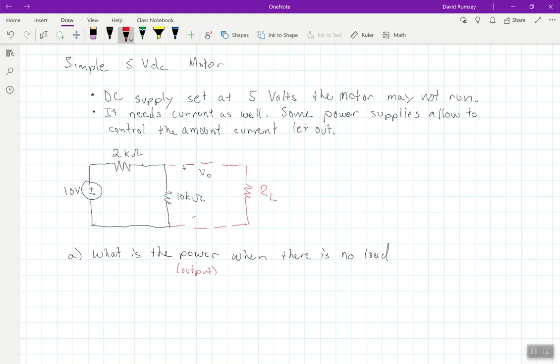Well, this is a very simple circuit to analyze. We're looking at just this 2 kilo ohm and 10 kilo ohm in series, so we could just do a simple voltage division to get that V out is equal to 10 kilo ohms over the series combination of 2 kilo ohms plus 10 kilo ohms times my input voltage, which is 10 volts. If we do this computation, you get roughly 8.33 volts.